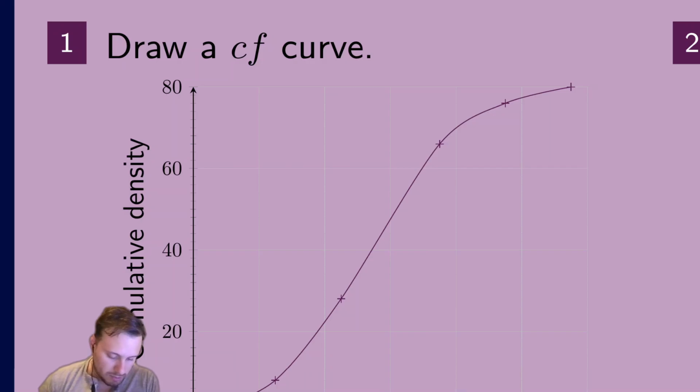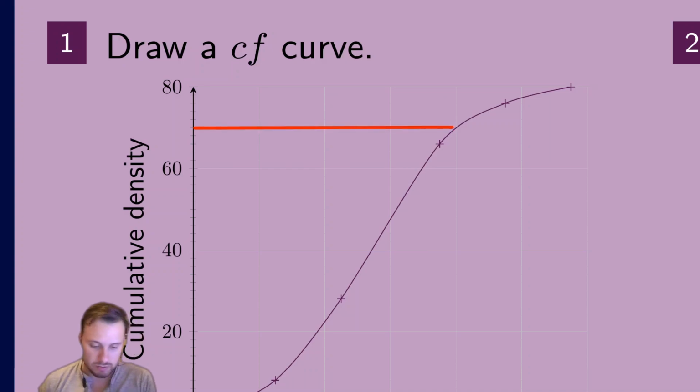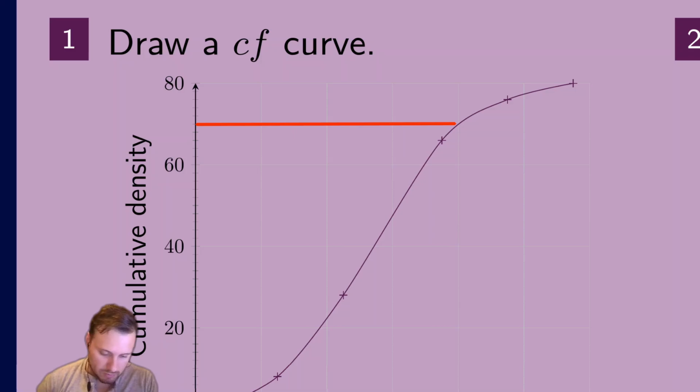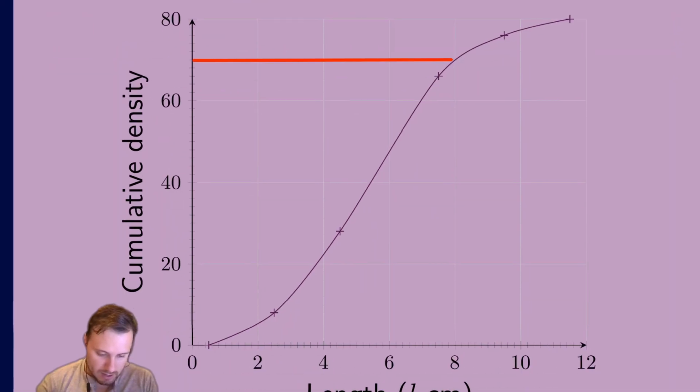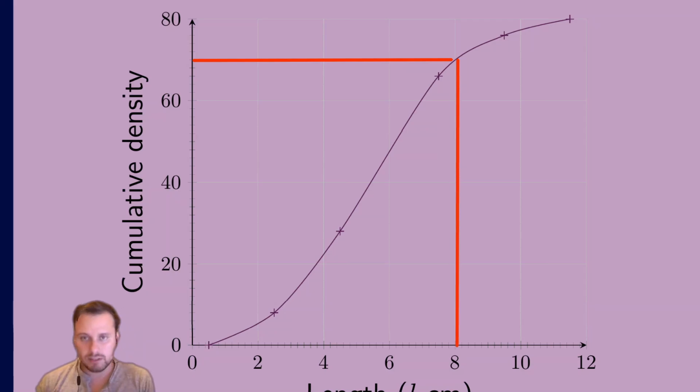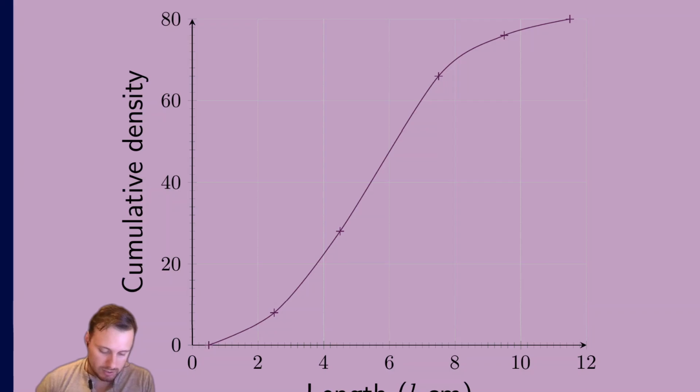This here would be the mark that we're looking for. So we go to the graph and we cross it up around there. That is pretty neatly around the value of 8 centimeters. That is a very good estimation for us, around 80 centimeters for our longest leaves.